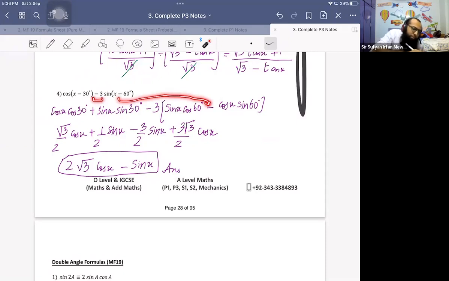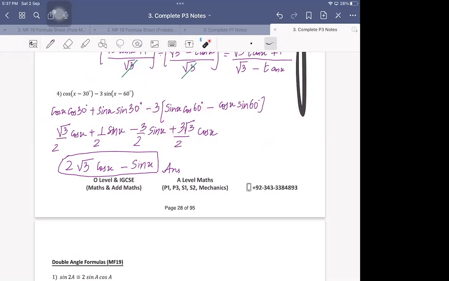Because minus 3 remains outside, and sine x minus 30, if expanded within the brackets, it's sine x cos 60 minus cos x sine 60. Then whatever answer we are going to get, we are going to multiply by minus 3. So here it was plus sine x cos 60 multiplied by minus will give us minus negative value. And then this minus and this minus will give us plus.